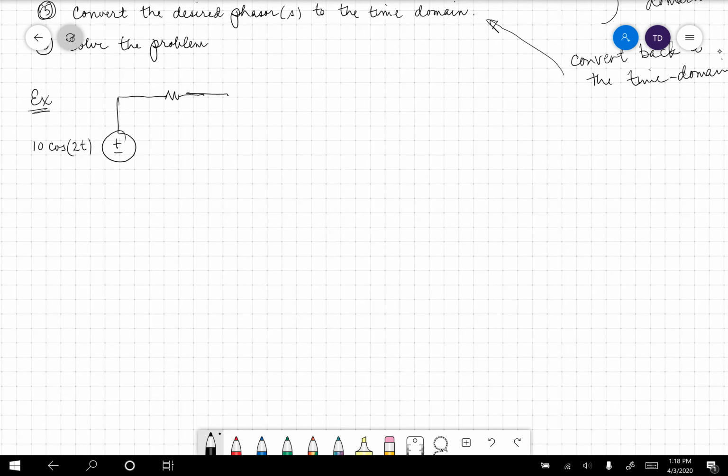So I have this beautiful series RLC circuit, a circuit that your authors have focused on at length in the previous chapter. Okay, here are the values: 3, 1/4, and 3.